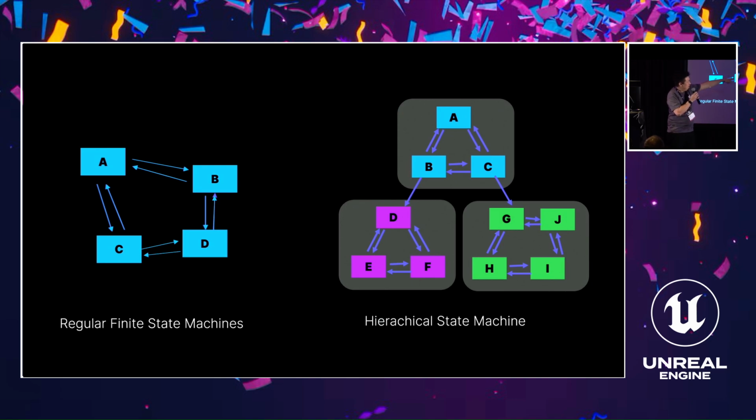When one part of the logic runs, it only needs to think of the transition to the other parts if it's connected. But then the group itself can also transition to another group, and then only the states there are considered. So this allows us to divide and conquer certain behaviors, like you only need to consider this bunch of behaviors. And this becomes very, very effective, bringing a group together in a hierarchical fashion.